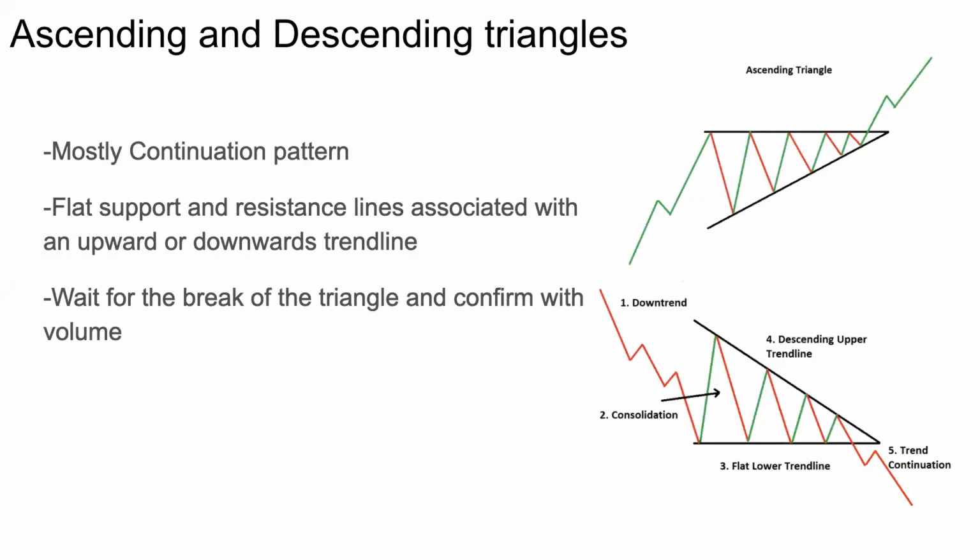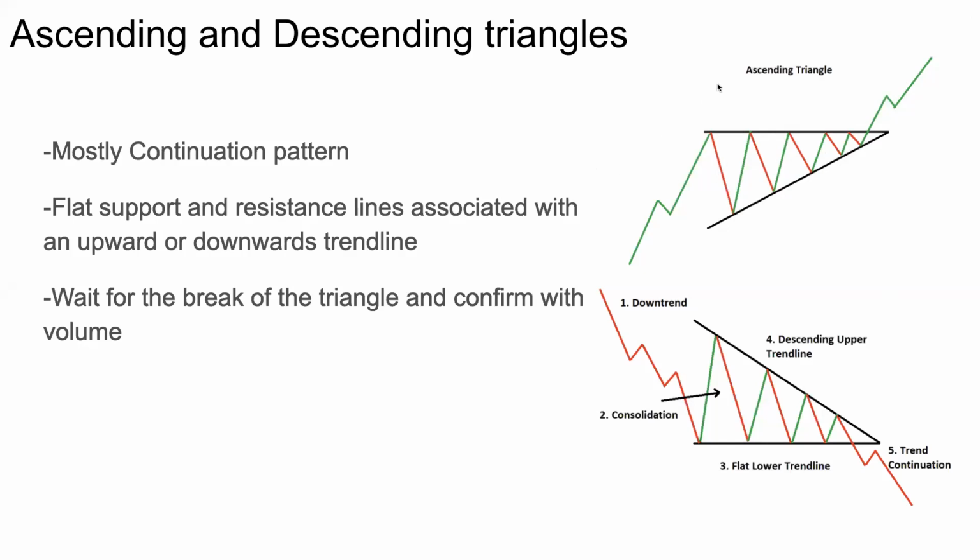Now for ascending and descending triangles. These are mostly continuation patterns. We're looking for that initial move, like another flagpole, but with the consolidation period, we have a flat support or resistance line, and our other trend line going in the direction we're looking for.